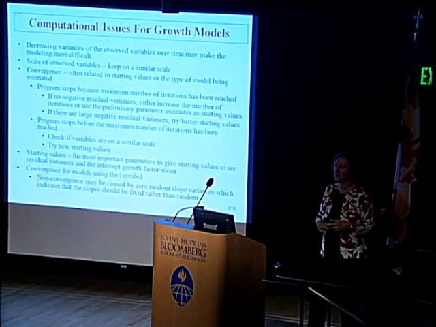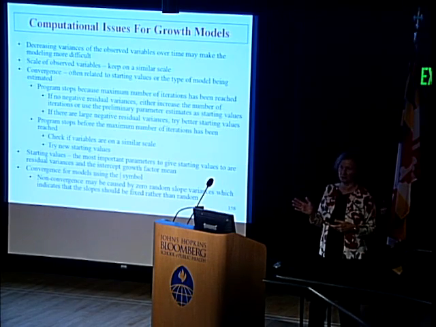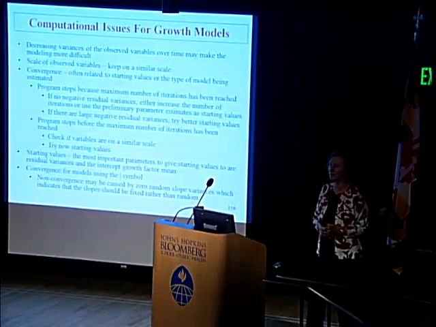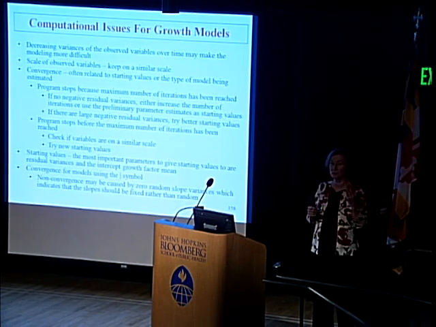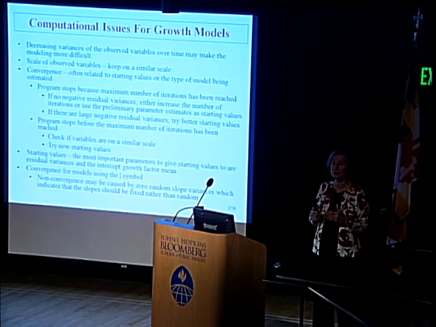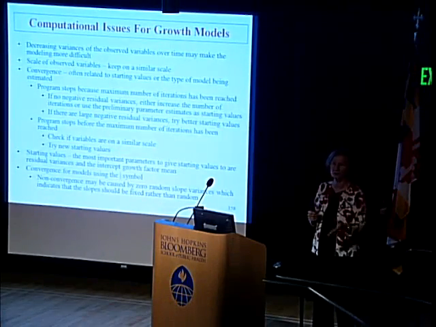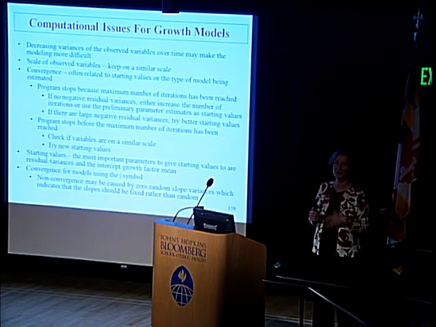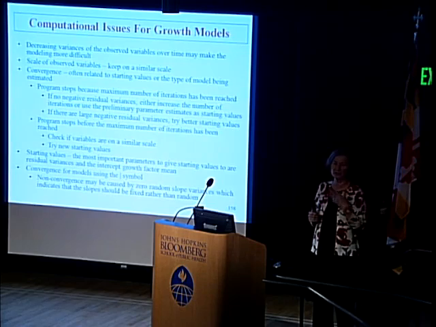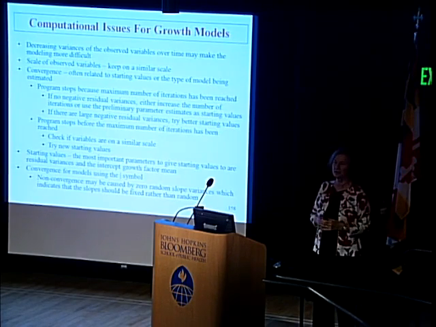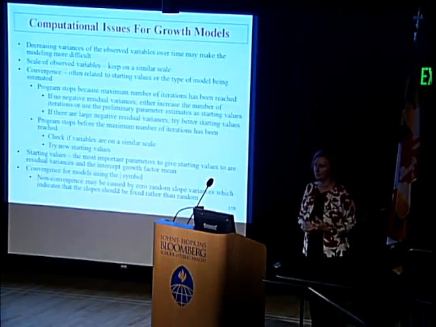If it stops before the maximum number of iterations has been reached, check the scale of the variables. That's something that gets people a lot. It's mostly a problem if you have a combination of categorical and continuous variables. You can go along really well with continuous dependent variables that have big variances, but if you then bring in a categorical dependent variable, it's not going to work.